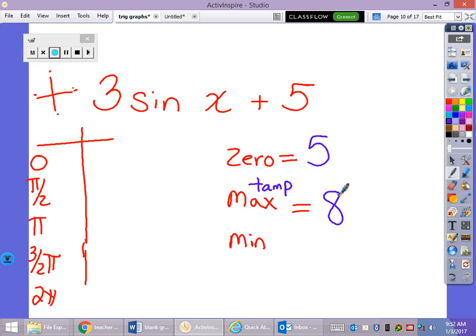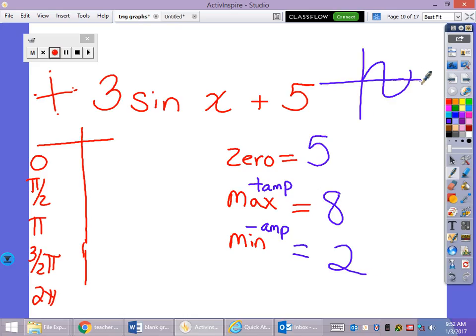And if max is add the amp, then min is subtract the amp. 5 minus 3 is 2. Now, we didn't discuss this. I went a little out of order. I'm sorry.